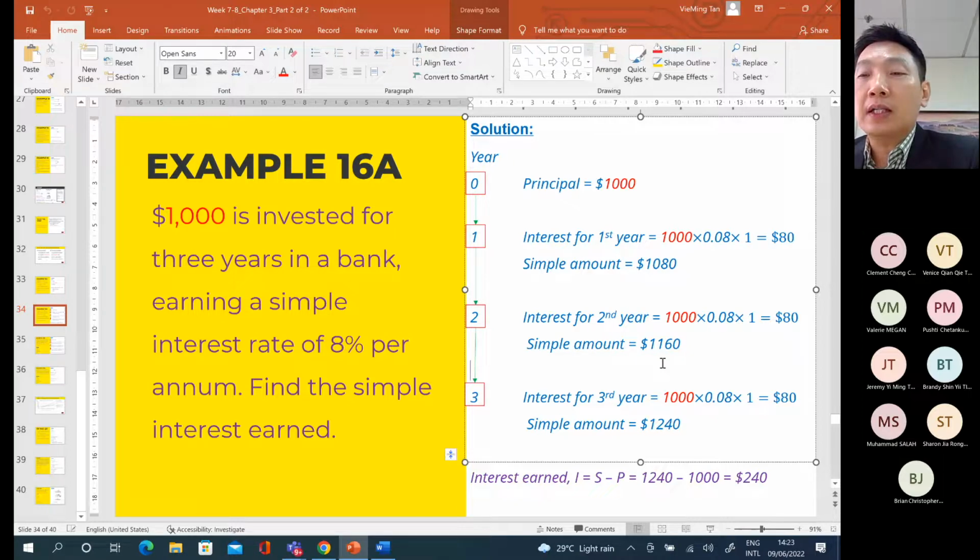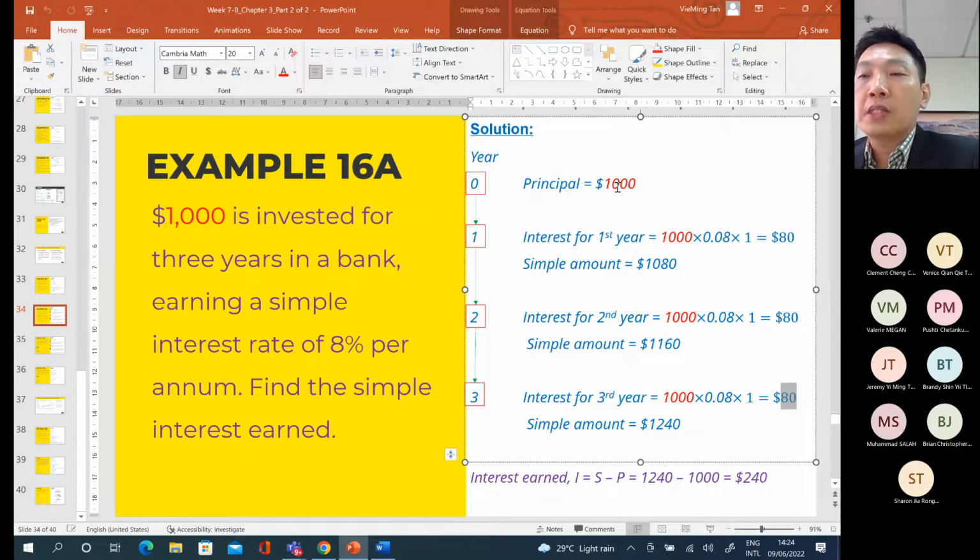The interest earned in year 3 is also the same, PRT, using the principal at the beginning of year 0, multiplied by 8%, multiplied by 1. So it's still $80. It seems that every year, the interest earned is $80, because it's only based on principal.